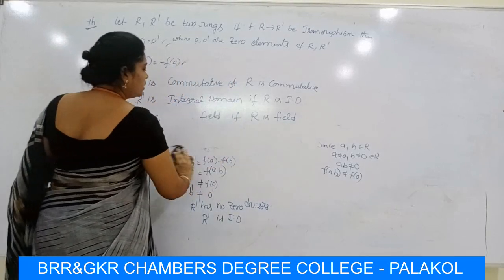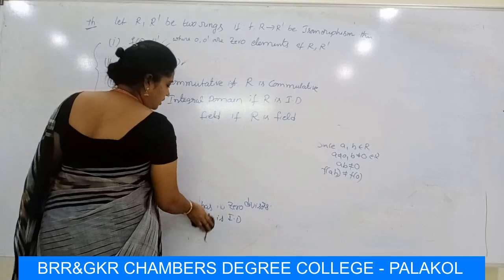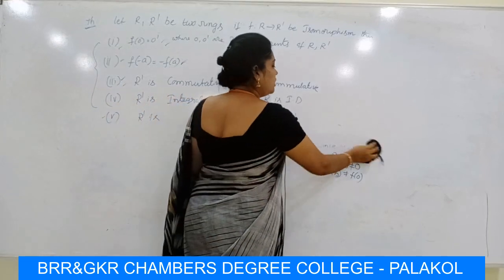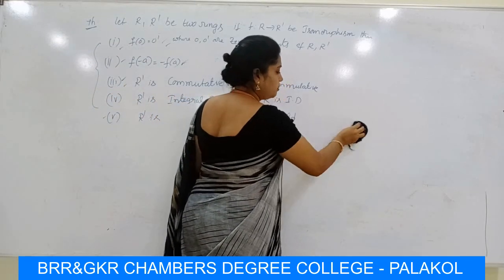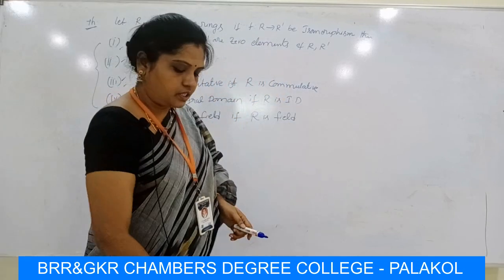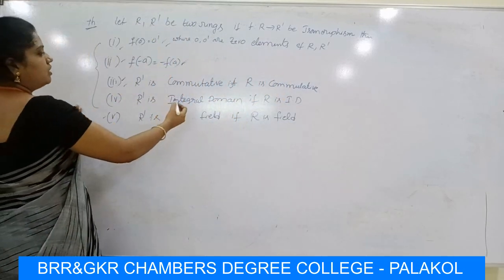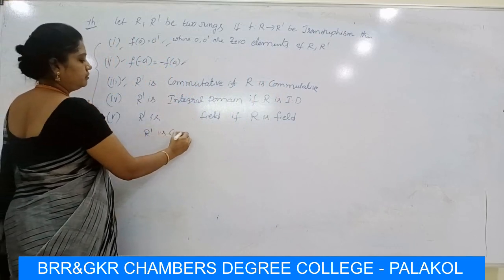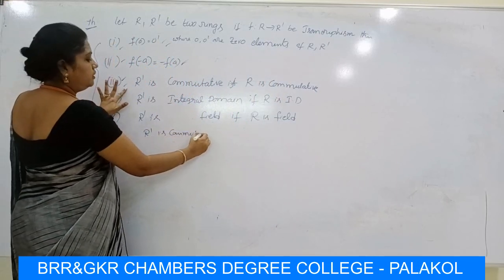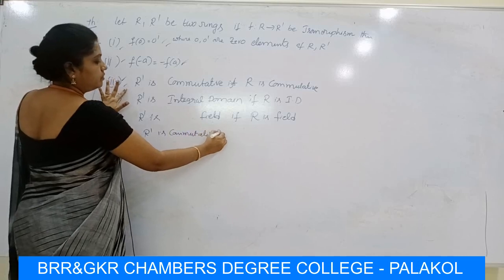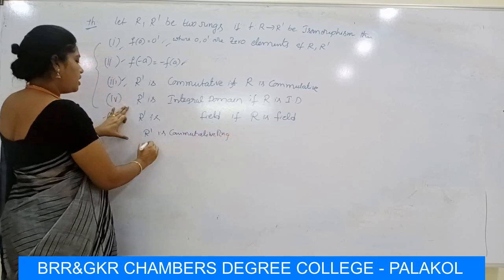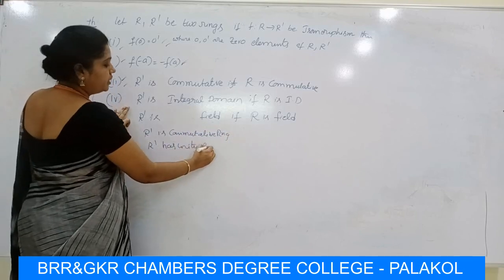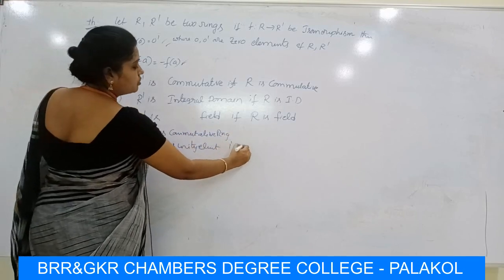What is a field? By the definition, a field is a commutative ring with a unity element, and every non-zero element is invertible. But here we have already proved that R dash is a commutative ring by condition 3, and by condition 4 R dash has a unity element, that is 1 dash belongs to R dash.